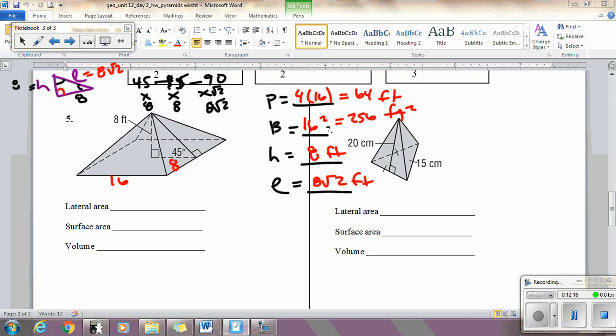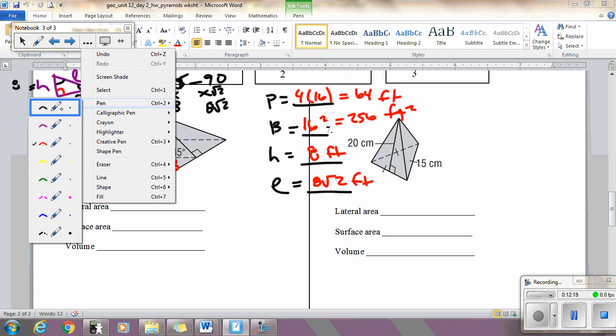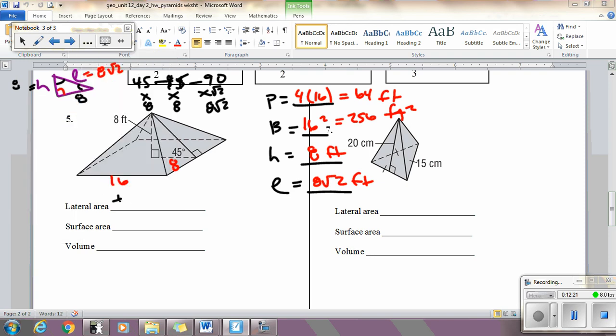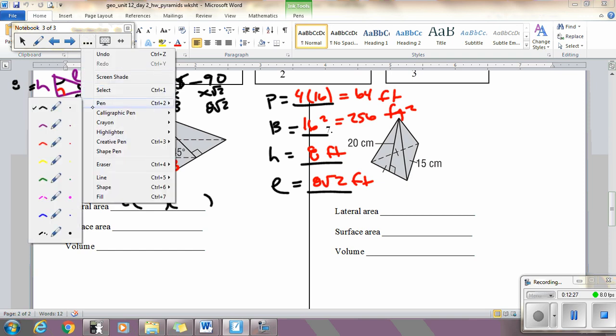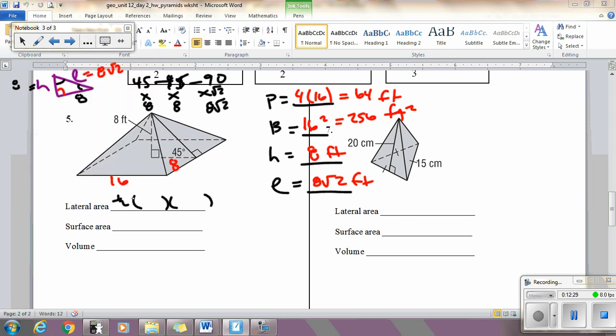Again, to find our lateral area, it's 1/2 times our perimeter times our slant height. So that's 1/2 times 64 times 8 root 2. I'm going to go ahead and leave it exact, meaning root 2 will stay in my answer.